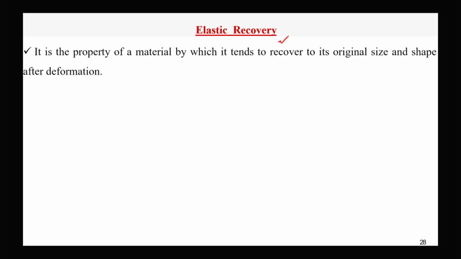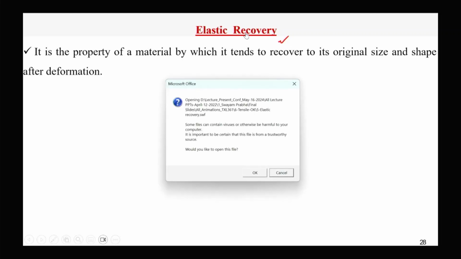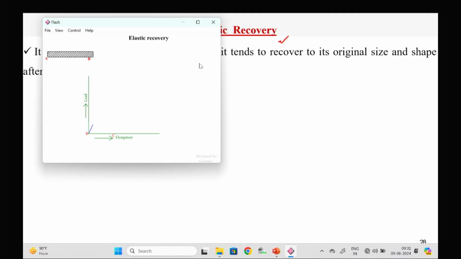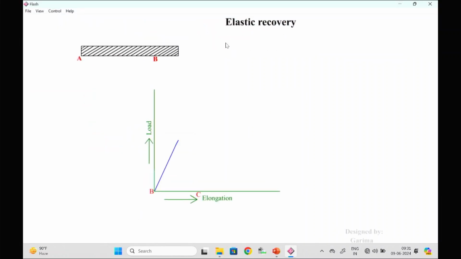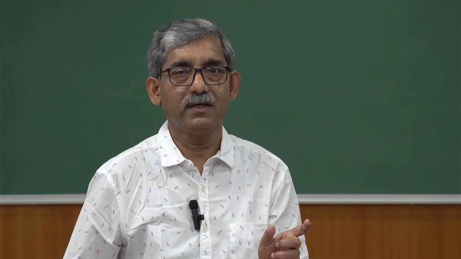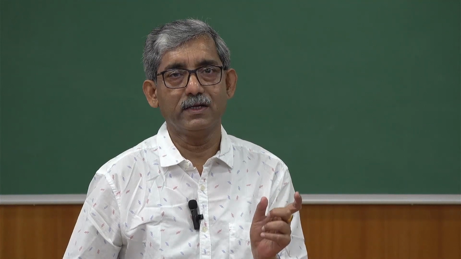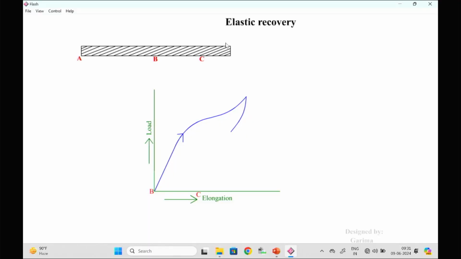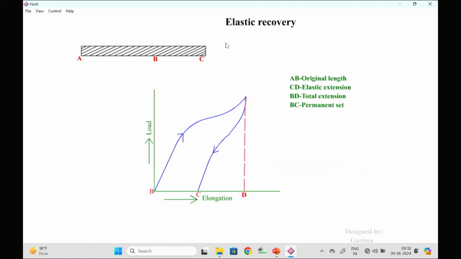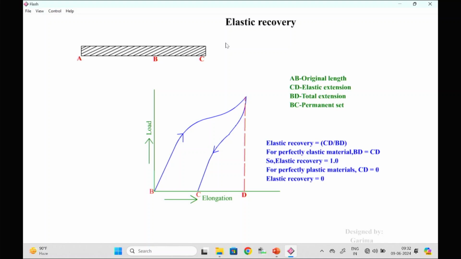So let us see one material. So this is the initial length of the material, yarn, fabric, it's AB. Now it has been stretched to a certain extent, then the total distance after the stretch will be BC.